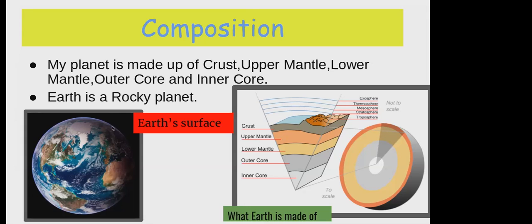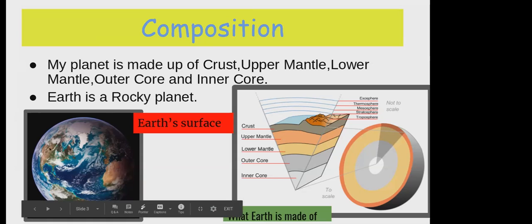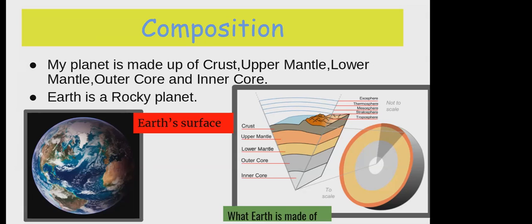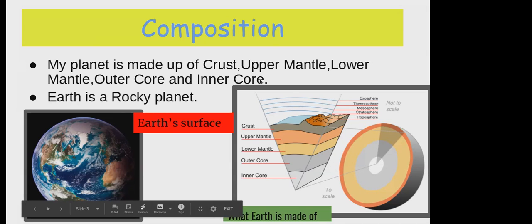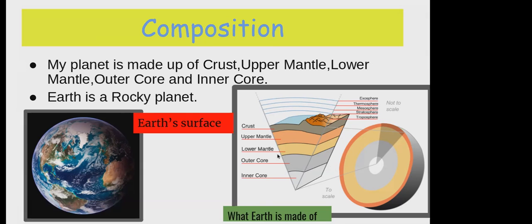And then Earth is a rocky planet because all these, like the crust, is kind of rocky. I don't know the word. But yeah, those are the layers that the Earth has, and that's the water and stuff like that.